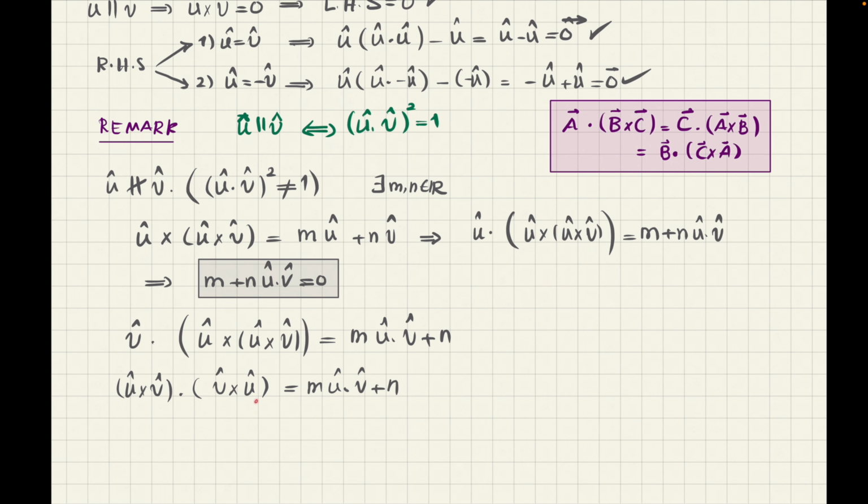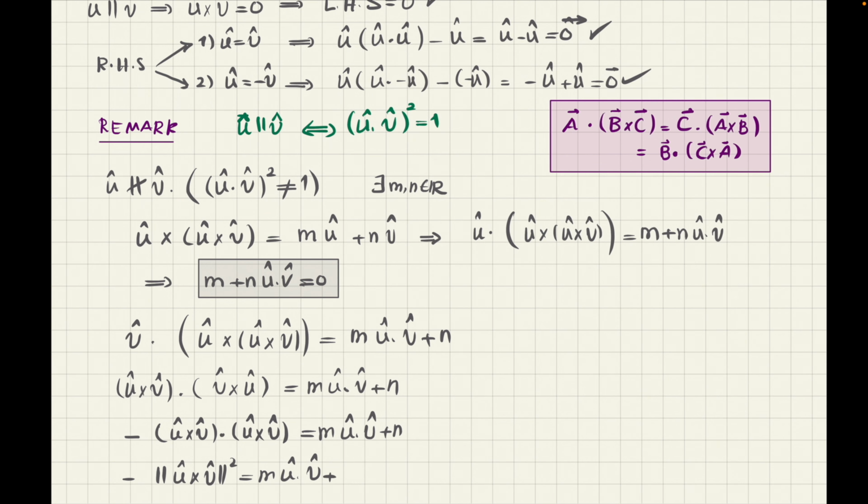But you see that this vector and that vector are almost the same. I write minus, and then I write this vector dot producted by itself exactly. So what I have done is interchange these two and put a negative sign here, and on the right hand side I will have m u dot v plus n. Of course, this can be written as minus the norm of vector u cross v squared equals m u dot v plus n.